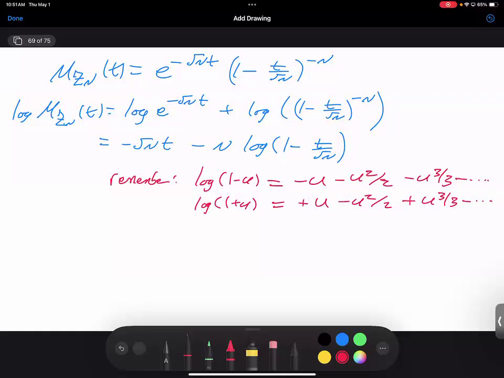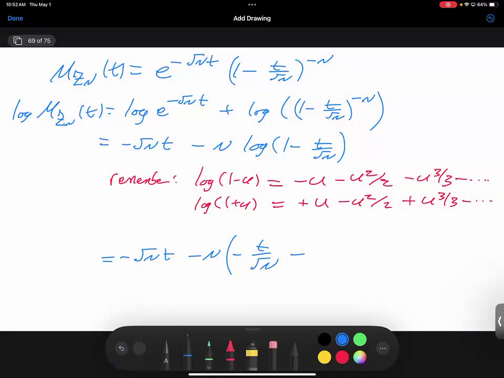So now the log of the moment generating function of Zn is just going to be minus square root of n t minus n times the expansion of the log of 1 minus t over root n. So u is just t over root n. The first piece is going to be minus u, so minus t over square root of n.